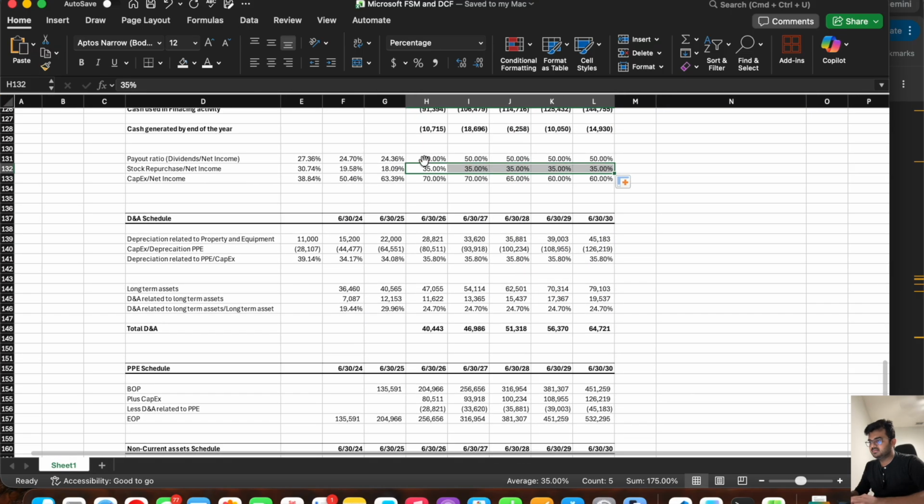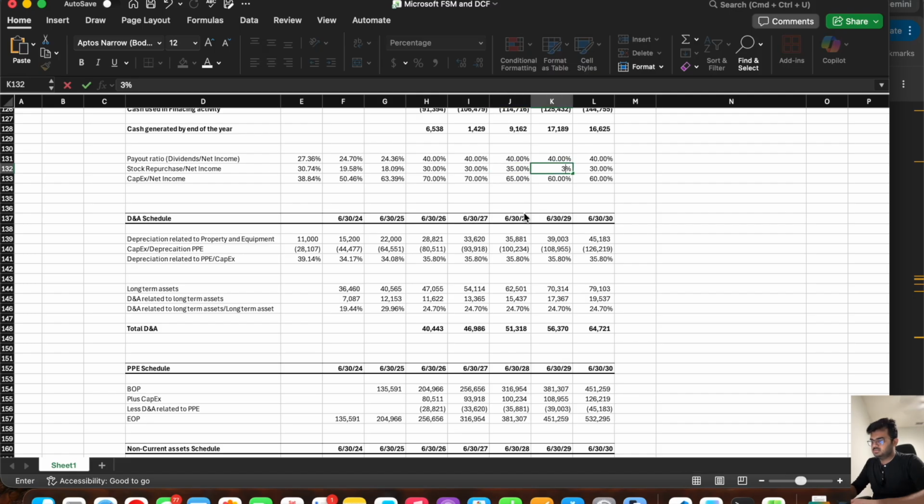So I would slightly then, I mean, I made from 30 to 50, I will go to 40% now. Then I will stick this to 30%. Again, I'm just playing with the number, but you could think what can be the most reasonable one and update it. Might be I will make this 35, 35, 35.